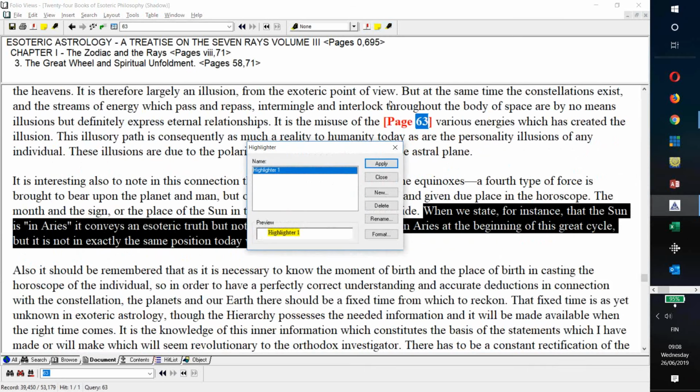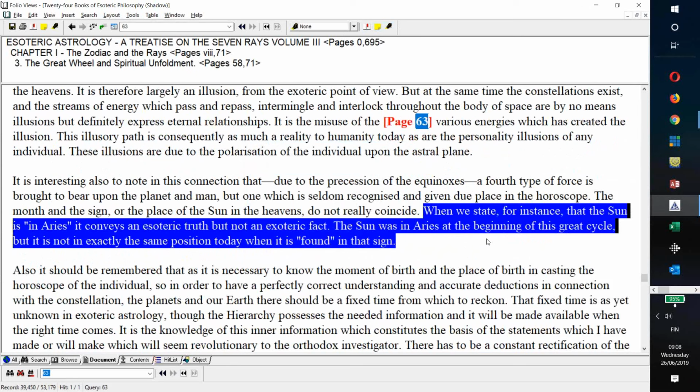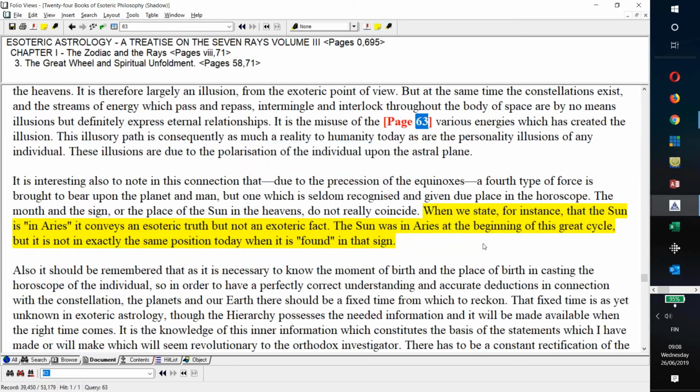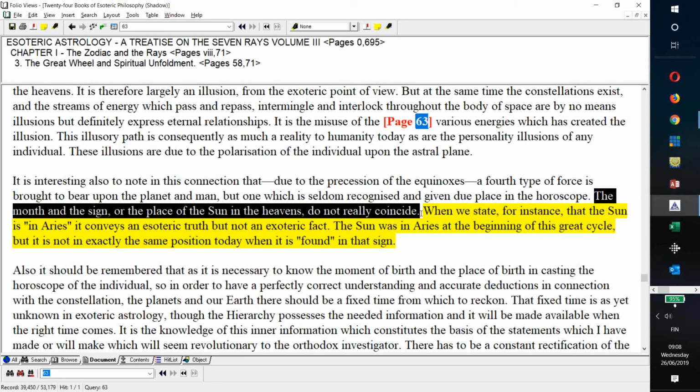And here it is. He tells us that the month and the sign or the place of the sun in the heavens do not really coincide. For instance, when the sun is in the sign early Aries, right now, it's just against a background of stars in Pisces.